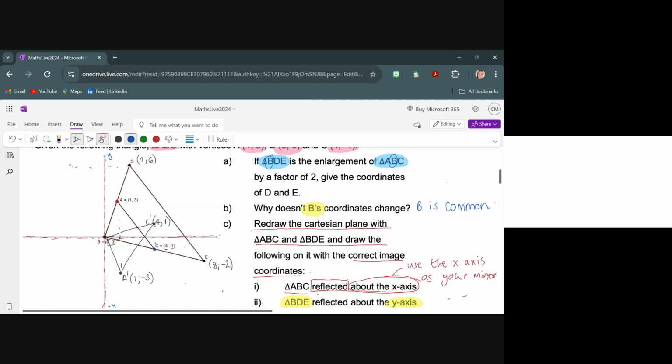So this will stay positive 6. Thumbs up, grade 9s, does that make sense? My y's will stay exactly the same because I'm still on the positive y side. So on this side, I'm still going to get positive 6. And this is D prime.